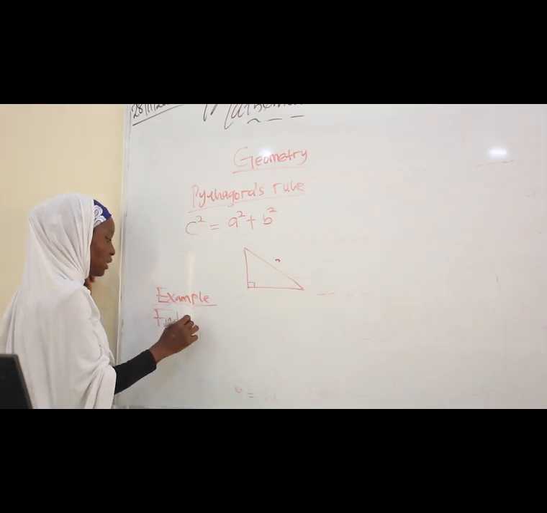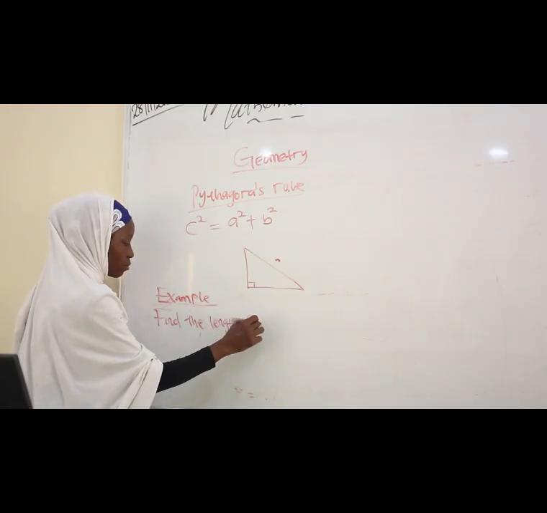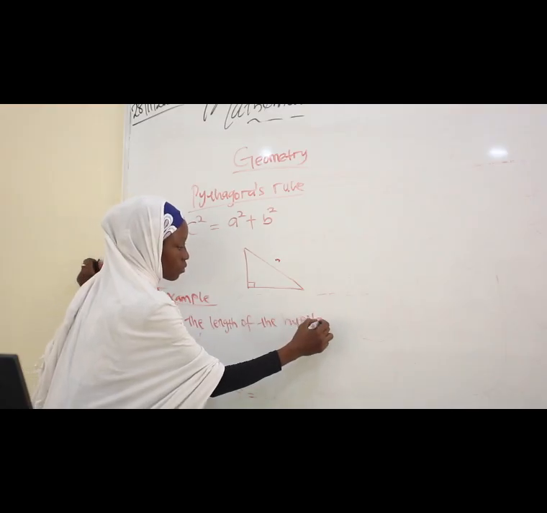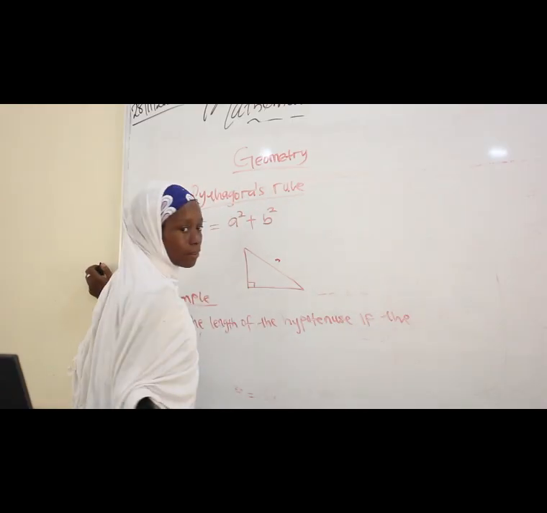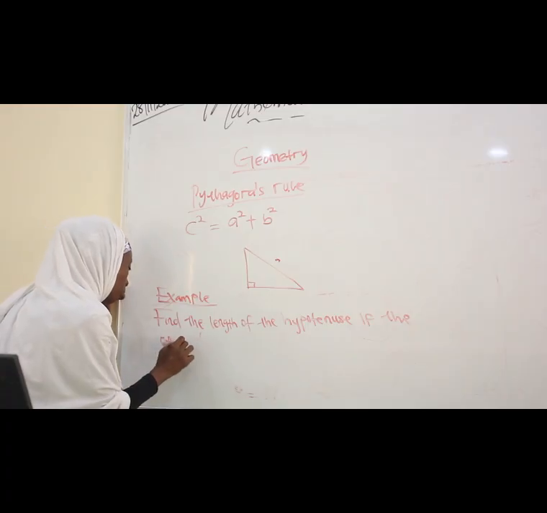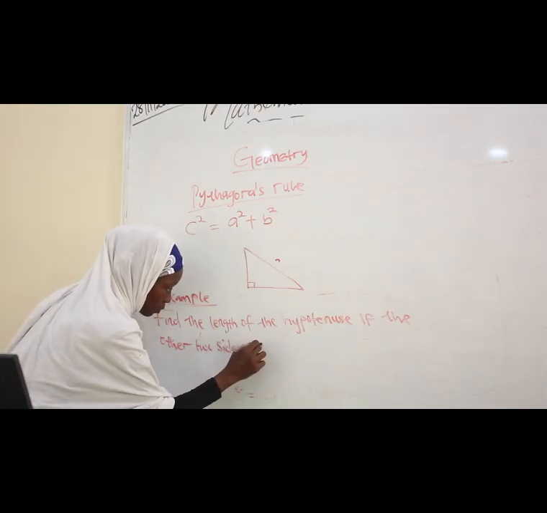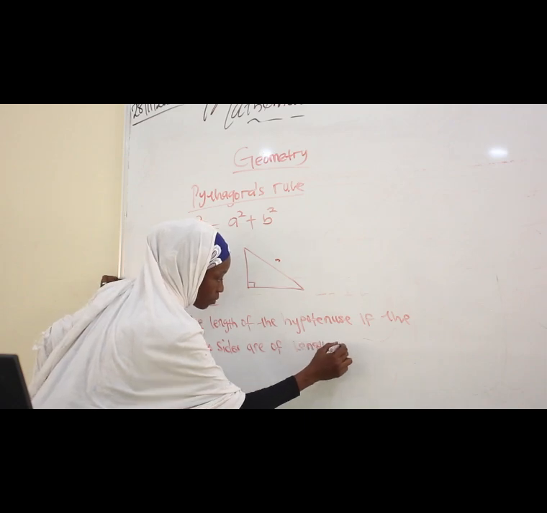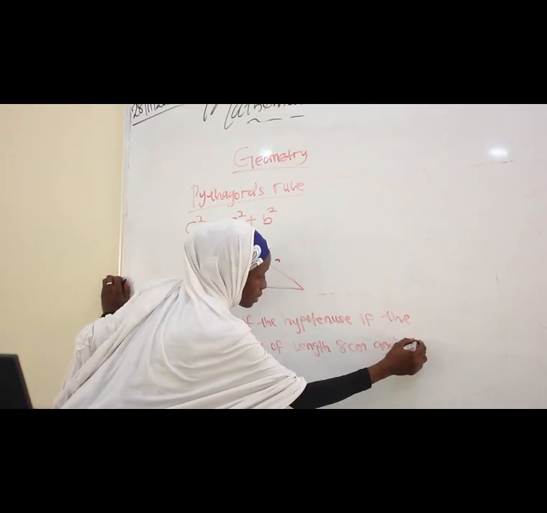Find the length of the hypotenuse if the other two sides are of length 8 cm and 6 cm.